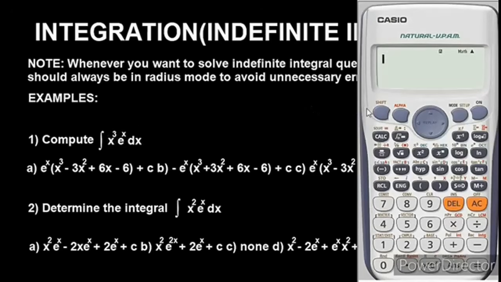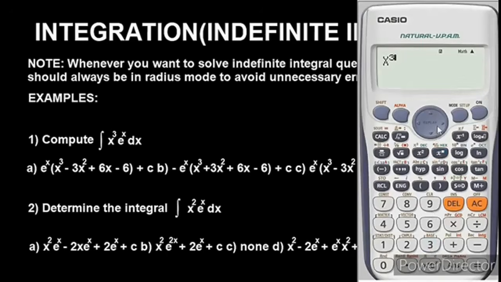So there we have x cubed. To bring out x, you press alpha first before pressing x. If you just press x alone, it will not come out unless you press alpha before pressing x. So take note of this. We have x cubed there, so you use this power function and press 3.